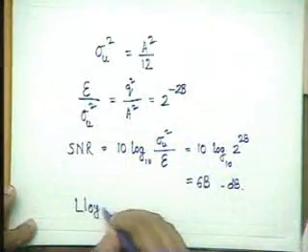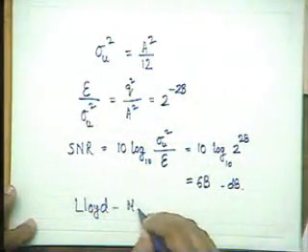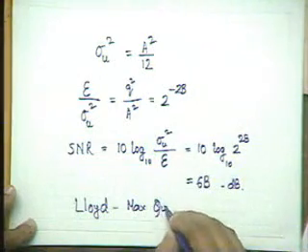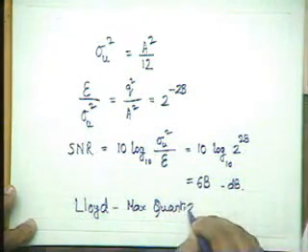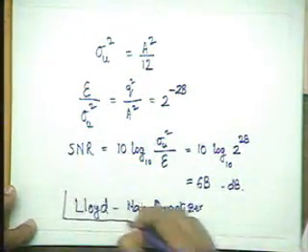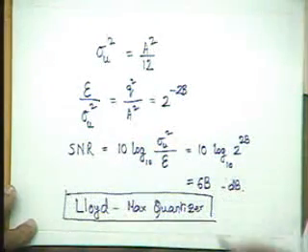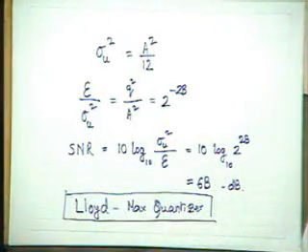There is yet another name for this kind of quantizer which I have designed, and please remember that this is called the Lloyd Max quantizer. This is the Lloyd Max quantizer, which is just now shown.